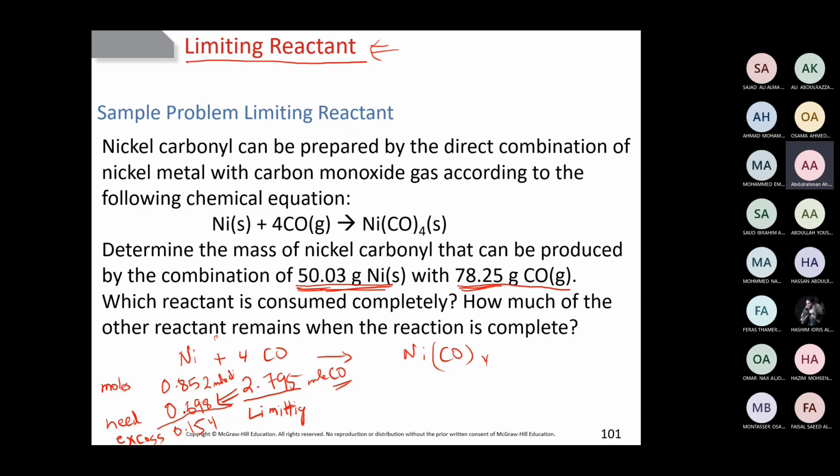Next, how many moles of nickel carbonyl I'm going to make? 0.698. Exactly. 0.698 will be formed. Okay, why? Because this is 1:1. This means if I have 0.698, this will give me 0.698.